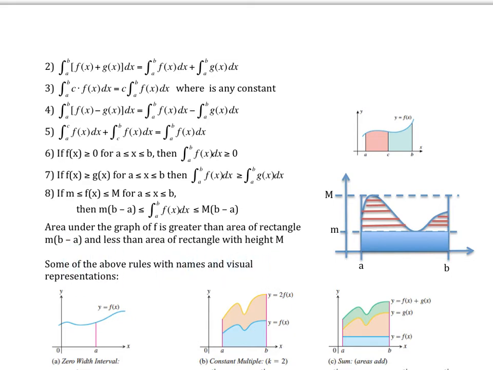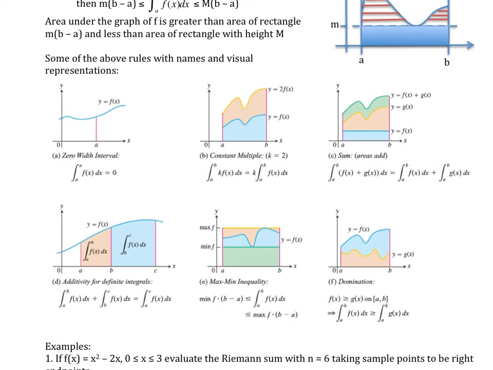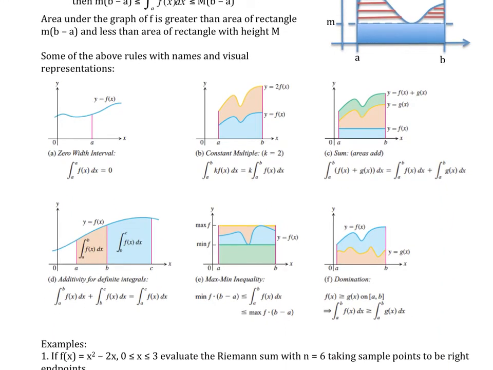All right, here are the visuals for a lot of these. This is the zero width interval, so if I haven't gone anywhere, like the integral from a to a, I haven't created any width, and so I won't have any area. From a to b times a constant, well, you can change the height however you want, and that's where that constant ends up.